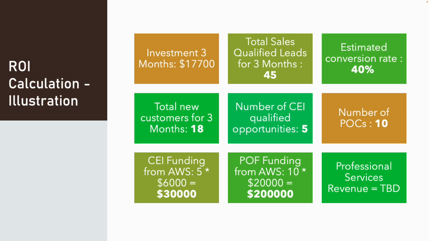The proof of concept funding for AWS, for the 10 POCs at around $20,000, is around $200,000, right? So professional services we did not include. Just with the CEI initiative and POC funding, you are able to make $230,000 from an investment of $17,700.